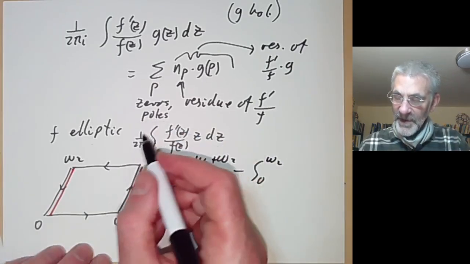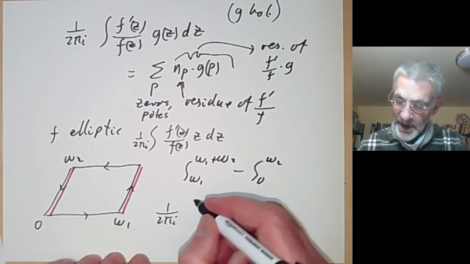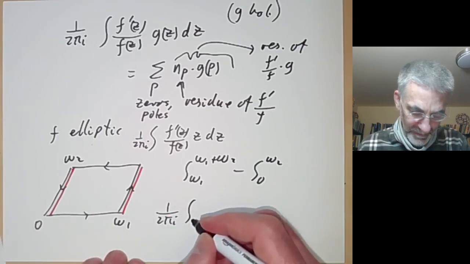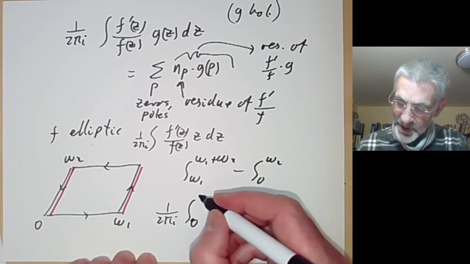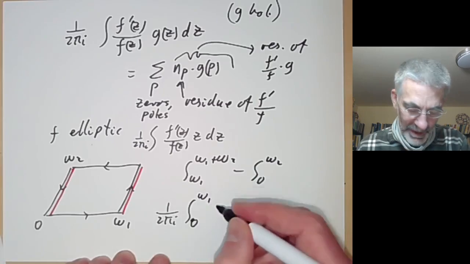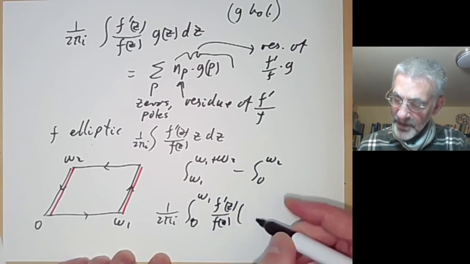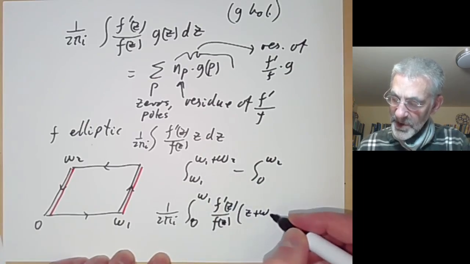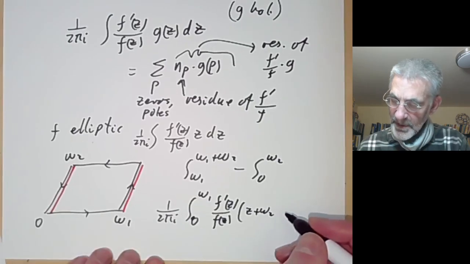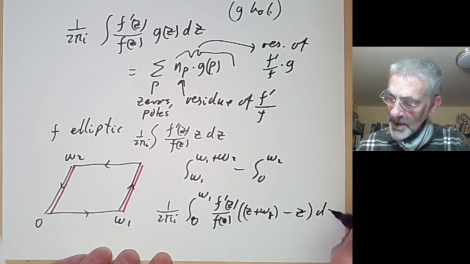And if we do this, remembering to put in the 2 pi i factor, we get the integral from 0 to omega 1 of f prime of z over f of z times, well, here we're going to get z plus omega 2, z plus omega 1 coming from this integral, minus z coming from the other integral.